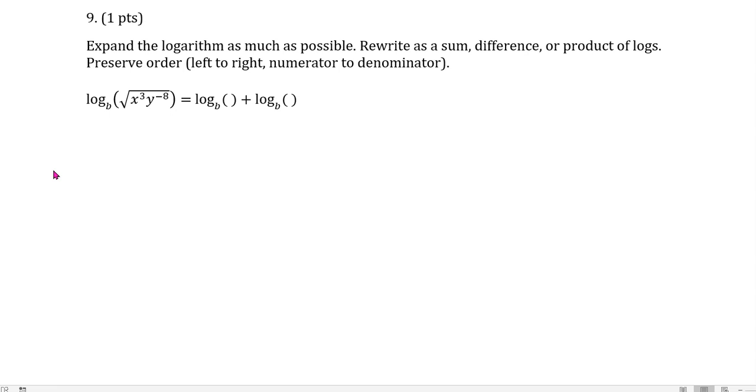First, we need to deal with the radical by rewriting it in power form. This gives us the log base b of the quantity x cubed times y to the negative 8 being raised to the 1/2 power. Remember that the 1/2 power represents the radical of square root.